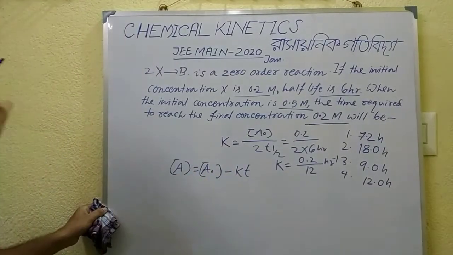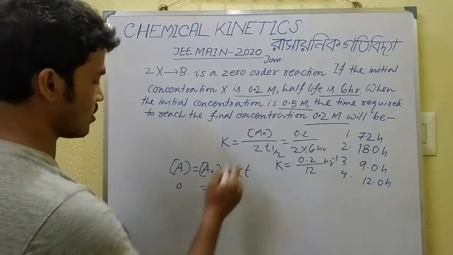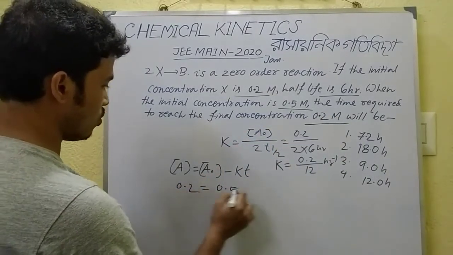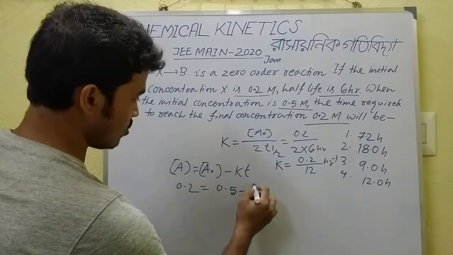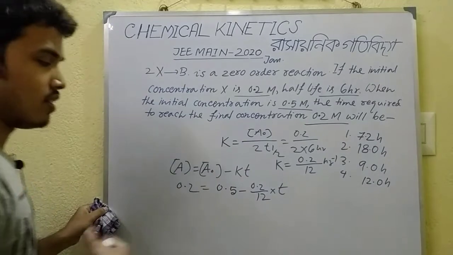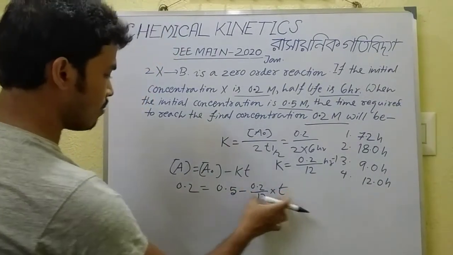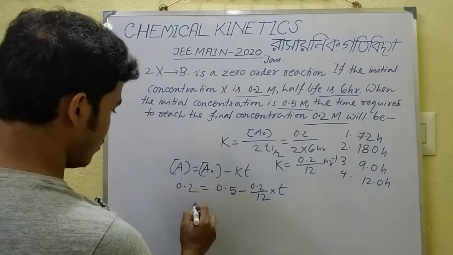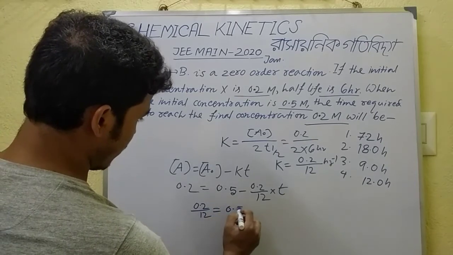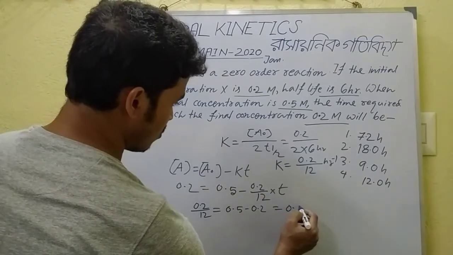So initial concentration is, you are given as 0.5, and you have to reach the concentration 0.2 is equals to 0.5 minus K t, K is equals to 0.2 divided by 12 into t. You have to find the t. So I just take this term into this side. So 0.2 by 12 t is equals to 0.5 minus 0.2, and this is equals to 0.3.